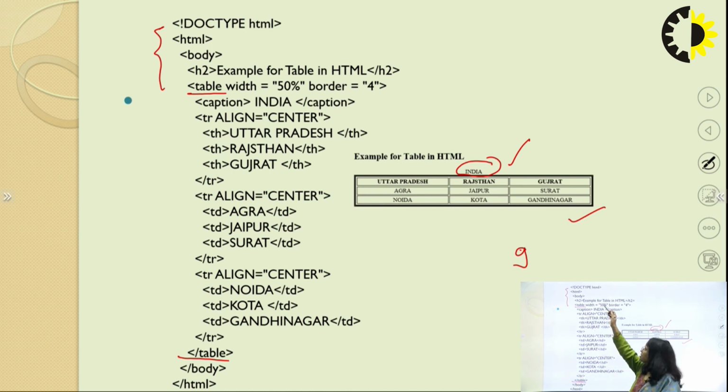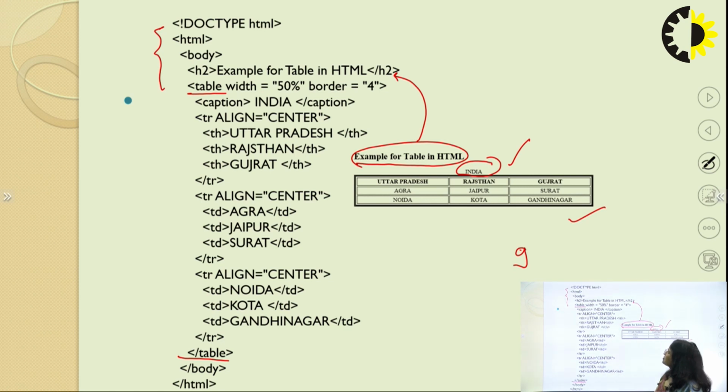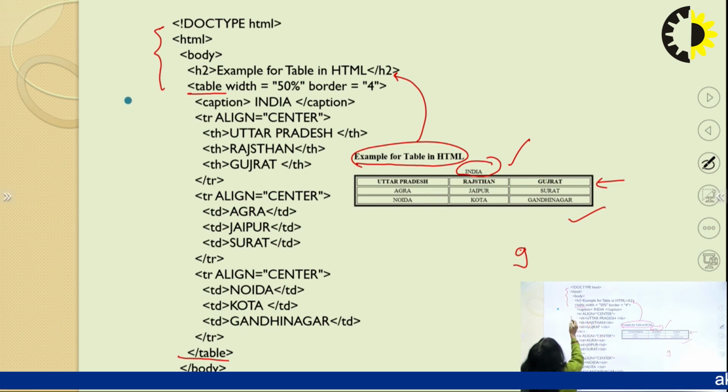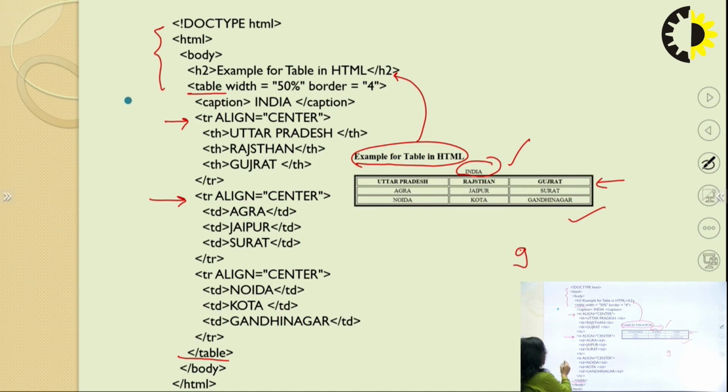This is the heading, so this line can be coded by using this line, and the caption is here, India here. Now, how many rows are we using? Here we are using 3 rows. So 3 tr tags must be used in the table. So the first tr tag is here, the second tr tag is here, and the third tr tag is here. So these 3 tr tags created the 3 rows for this table.